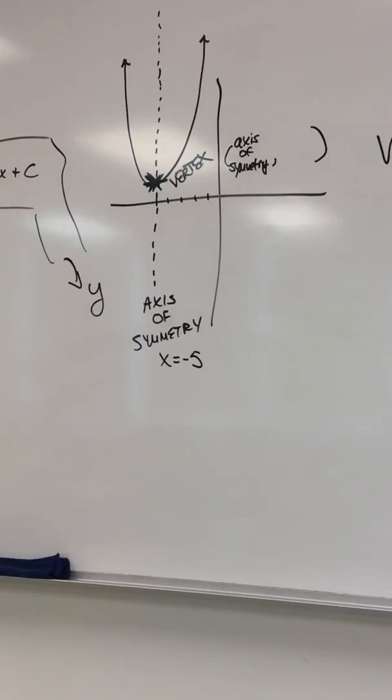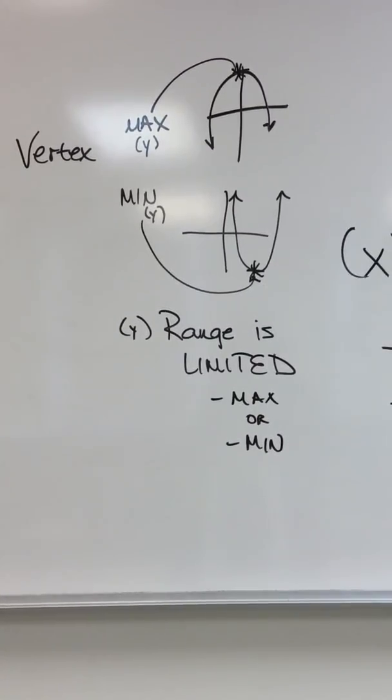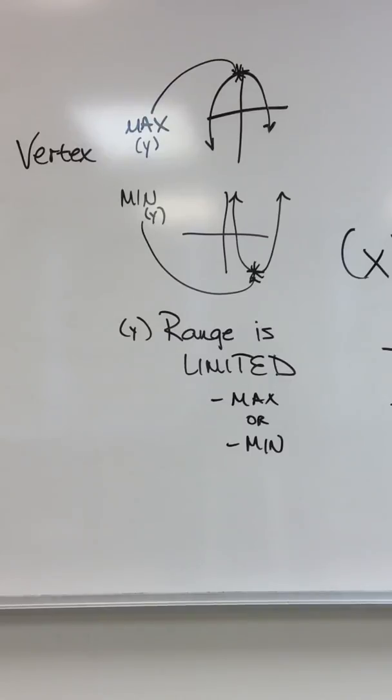The vertex, that spot there marked vertex, is either a maximum or a minimum value for our quadratic solution. Remember, these lines that we graph are solutions to these equations.